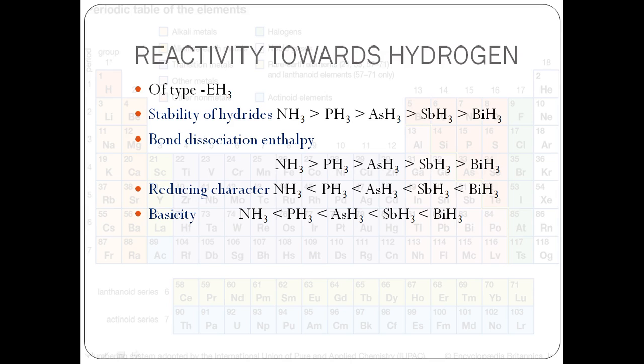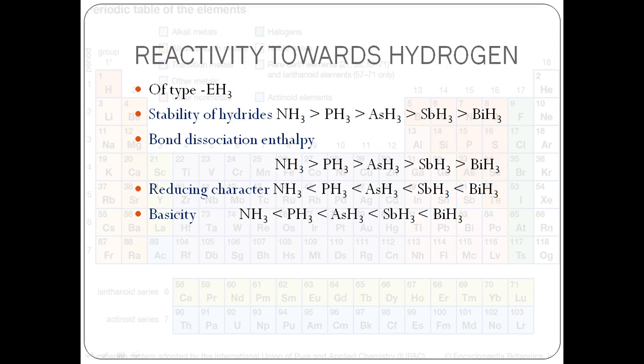Then reactivity towards hydrogen. All elements of group 15 form hydrides of type EH3, where E is any element from group 15. Stability of these hydrides decreases down the group. This is due to their bond dissociation enthalpy, which also decreases down the group.